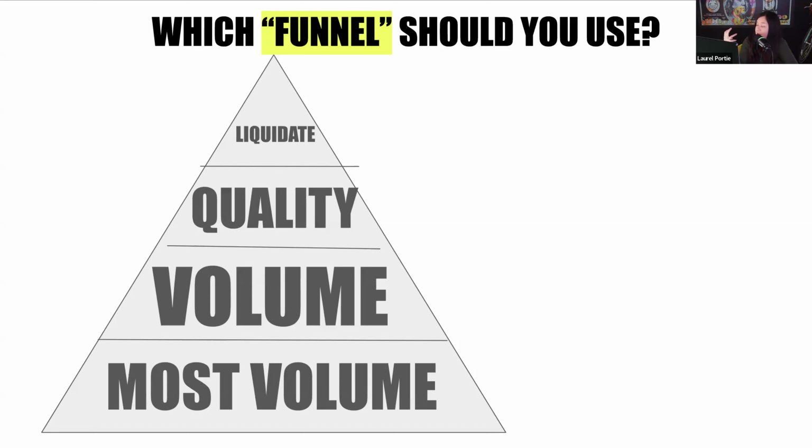When I first started my business back in April of 2018, it turned 6 years this year. I needed the most volume of conversations because I didn't know what people wanted. So at the bottom of the triangle, I need the most volume of conversations to figure out what my audience wants from me, right?